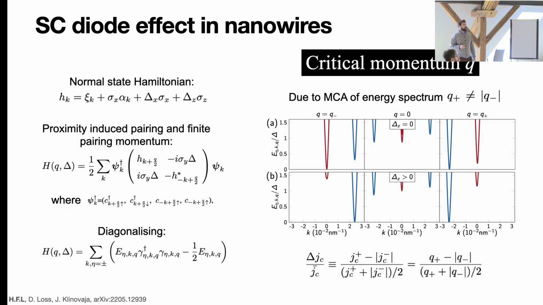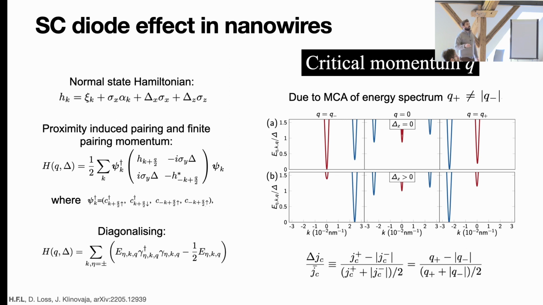So quickly, I probably don't have time to go through the full theory, but the basic idea is that I can model the supercurrent in the system by thinking about a finite pairing potential, so a finite momentum pairing in the nanowire with the proximity-induced superconductivity.